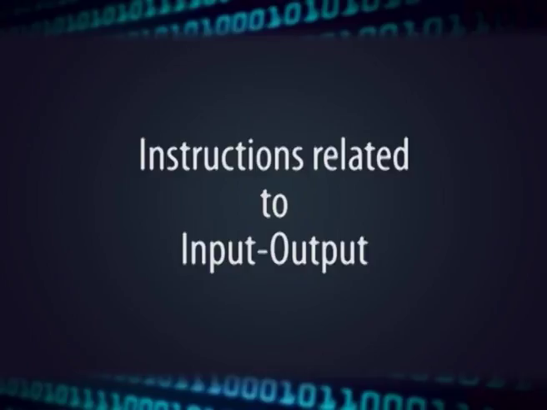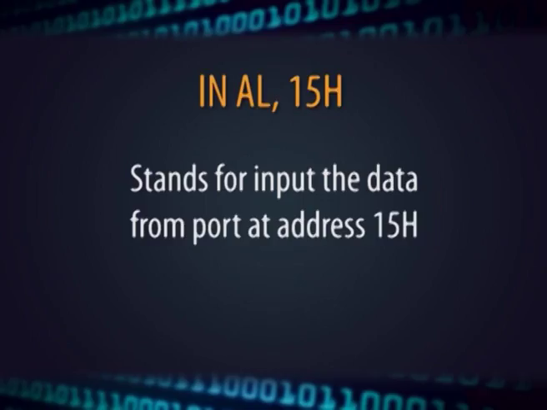Next are the instructions related to input and output. For example, an instruction IN AL, 15H stands for the input data from port at address 15H, and these ports are connected to external devices.